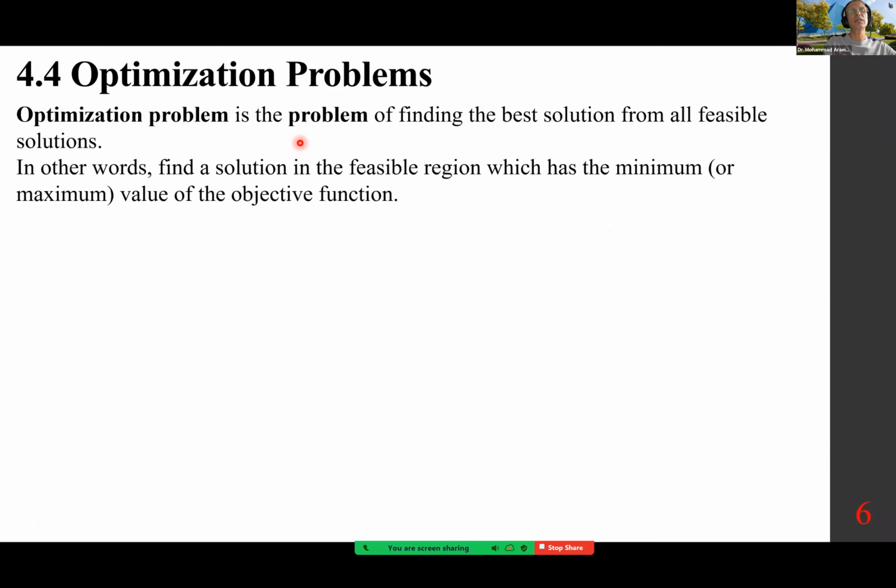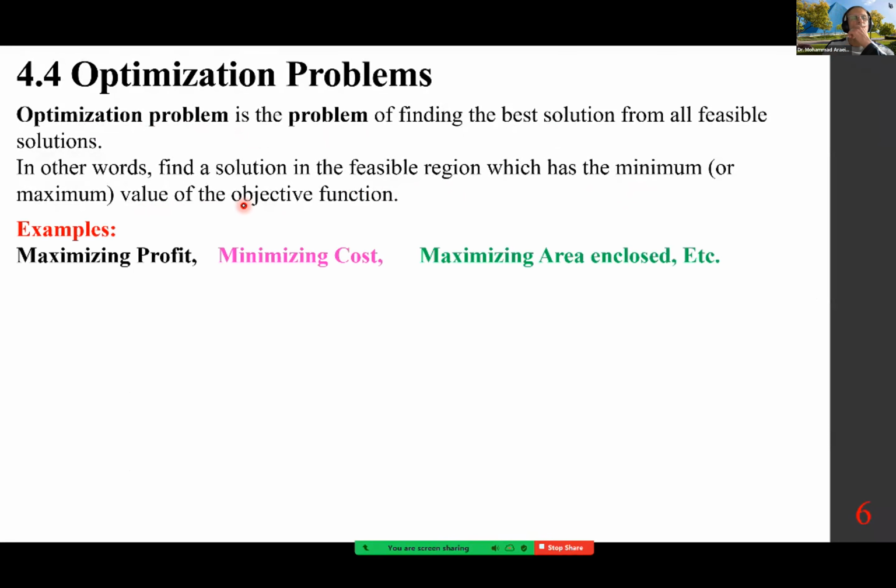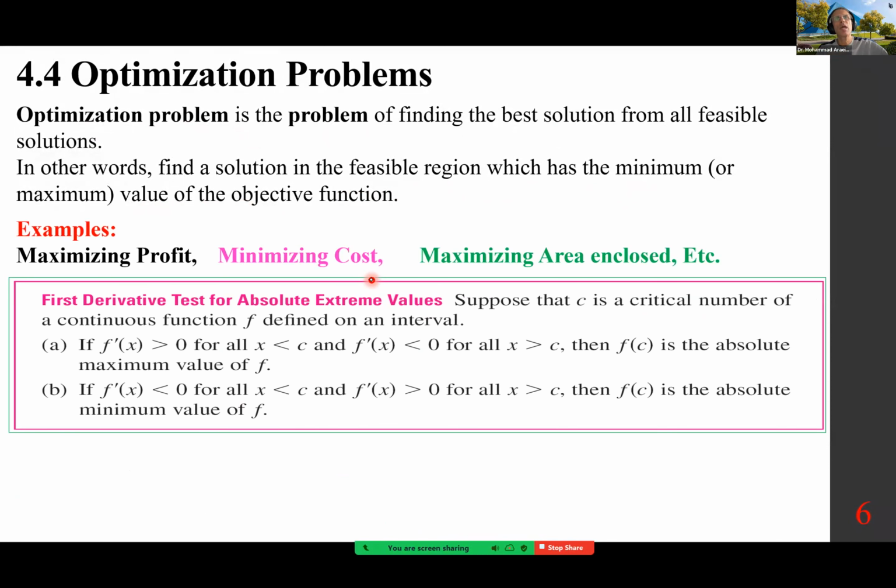Optimization problem is the problem of finding the best solution from all feasible solutions. In other words, find a solution in the feasible region which has the minimum or maximum value of the objective function. So these are examples of optimization. We want to maximize profit, minimize cost, maximize area enclosed, etc. So we have what's called the first derivative test for absolute extreme value.